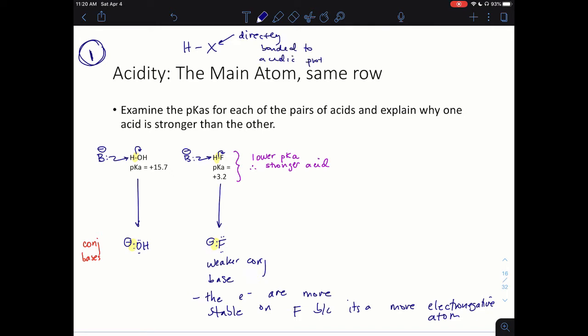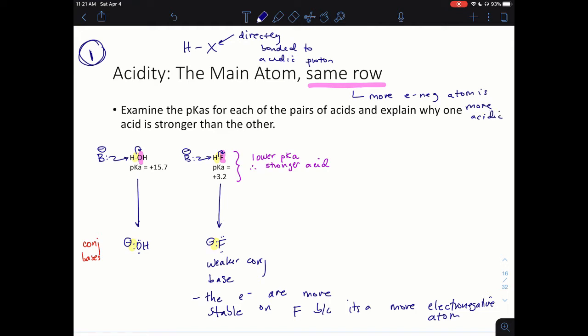And for these two acids, the main atom is different. It was oxygen versus fluorine. So our first trend is that when the main atom is different and in the same row, the more electronegative atom is more acidic.